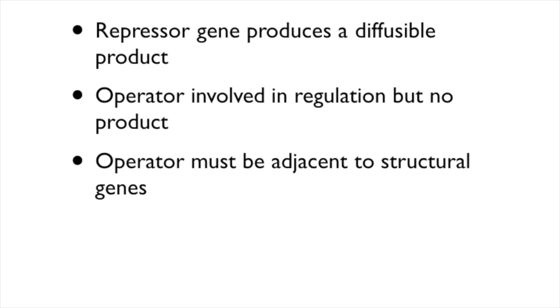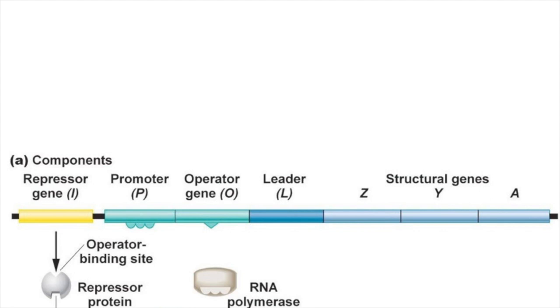Okay? And it has to be right next to the structural genes. Look at the way in which the operator works, right? You prevent transcription in the absence of lactose if that repressor protein is stuck to the operator. And it does that because the operator is right between the promoter, where the RNA polymerase sits down, and where the structural genes are. Okay? Look at this. The operator is right there in between the promoter and the structural genes.